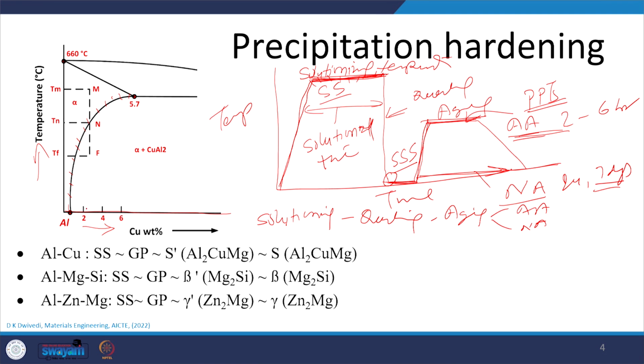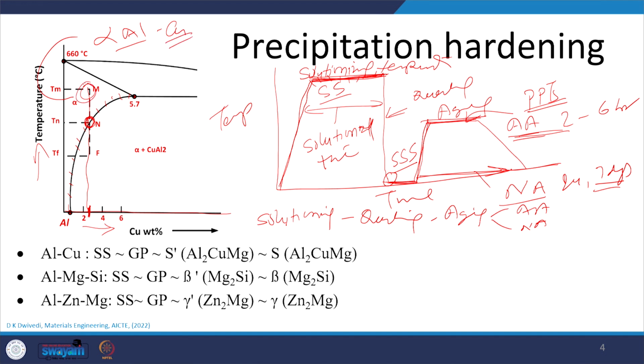Say this is a particular aluminum copper alloy. When it is heated, at this temperature it will be completely saturated with this kind of copper content. On further heating, it will completely dissolve and form the homogeneous solid solution, so you basically have alpha aluminum with the dissolved copper.